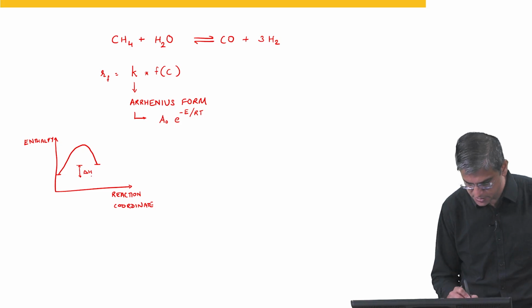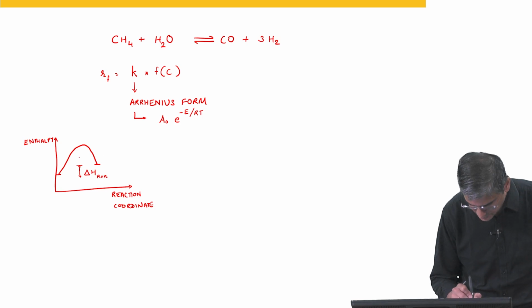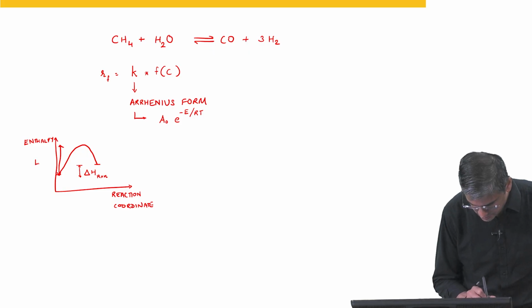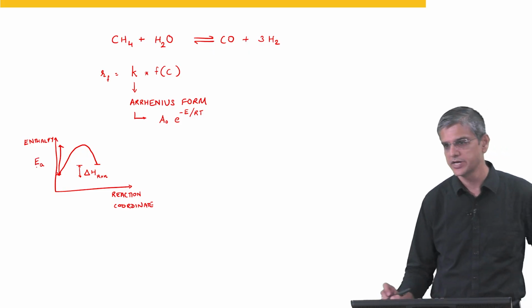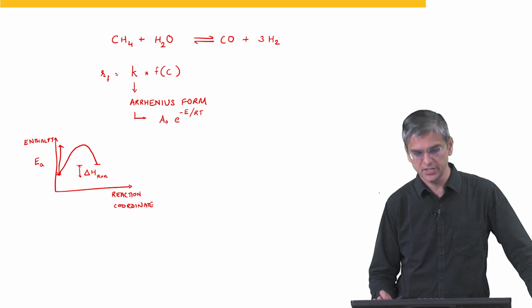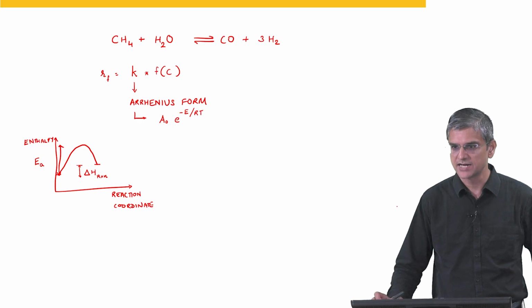This is delta H of reaction, and this particular guy is the activation energy. Delta H of reaction is positive if it is endothermic, and negative if it is exothermic.